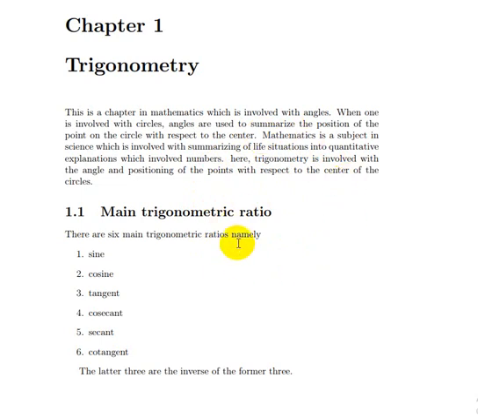So when you want to quantify this type of surface, you mostly use the radius from the center of the circle and the angle theta. And a very good and important tool for quantifying this angle is the trigonometric ratios. This is a brief introduction into trigonometry.